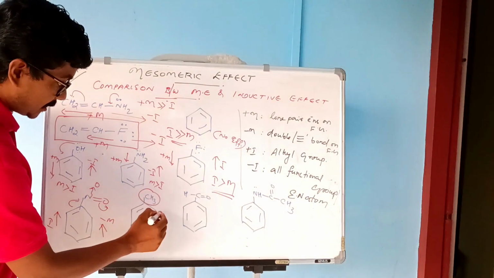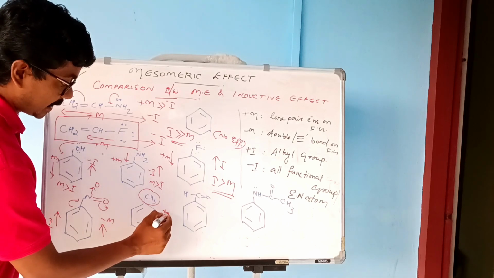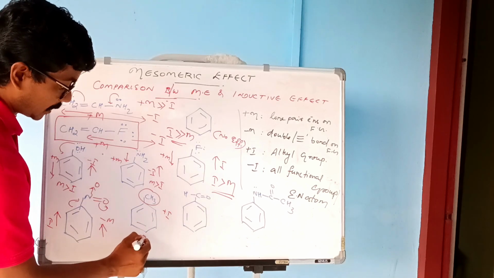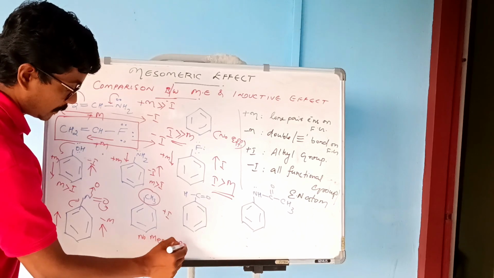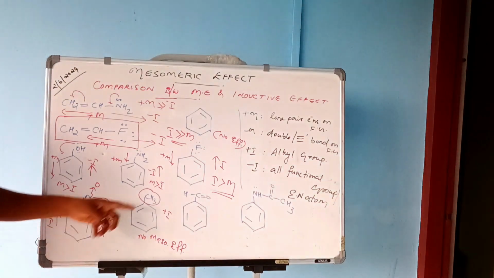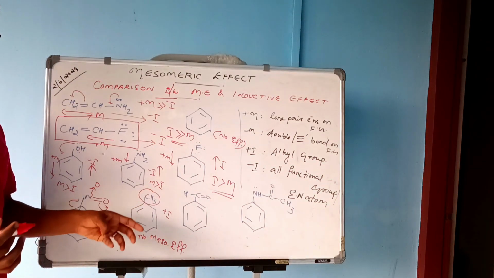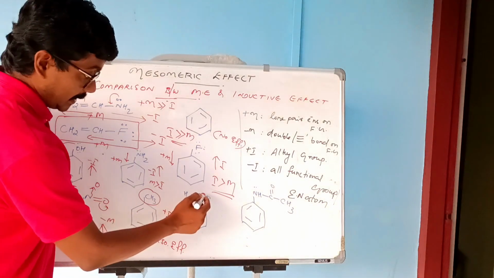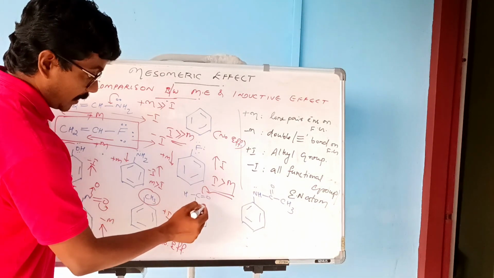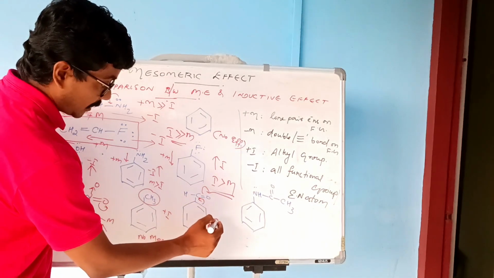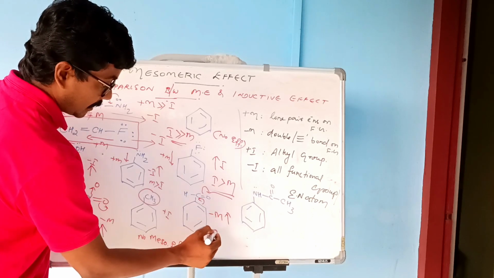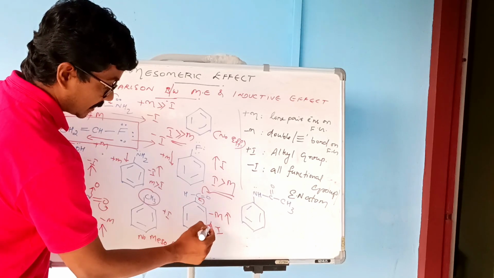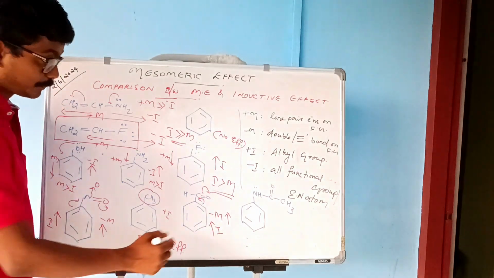In toluene, there is only a plus I effect, no mesomeric effect, because an alkyl group does not show any resonance.